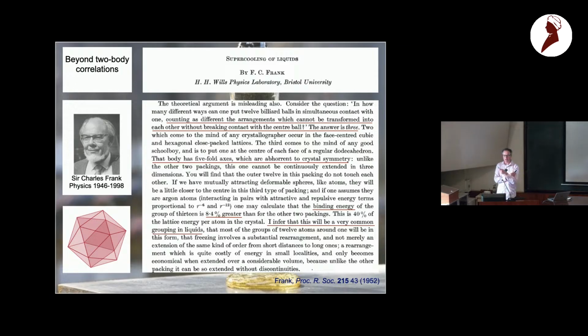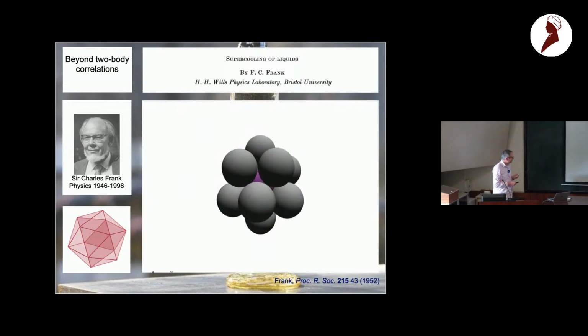So this is a little bit like a 3-dimensional pentagon, and for me, it's the origin of structure in glass. Frank argues it's 8.4% better in binding energy if I have 13 particles. So this is the minimum energy structure for 13 Lennard-Jones atoms. Now, it actually turns out it's not that popular in the Lennard-Jones liquid, but never mind.